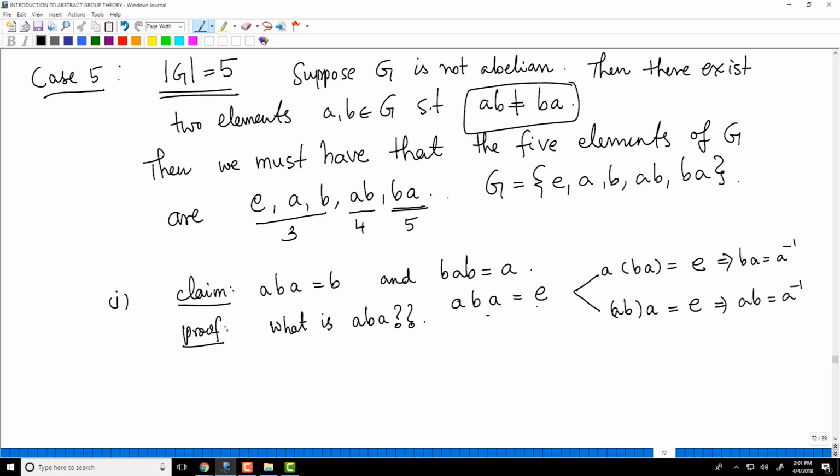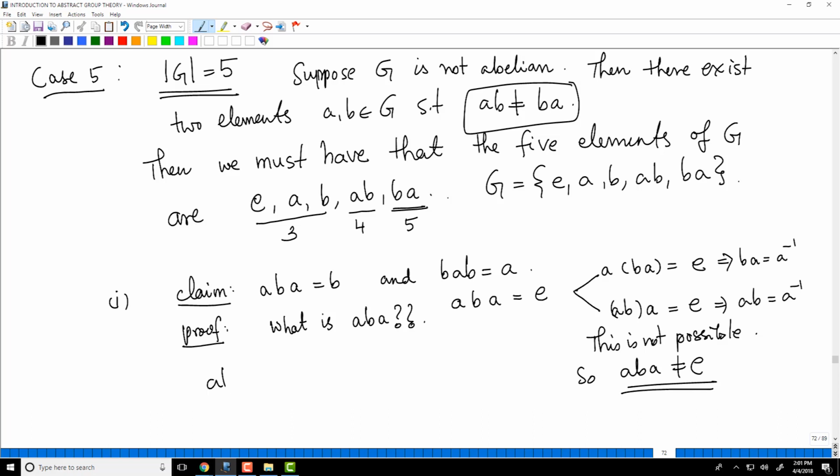So, this cannot happen. Can it be A? I am claiming it is B. So, let us say can it be A? So, this is not possible, correct, is it clear? AB and BA can't both be inverses of A. So, ABA is not E. So, that we have concluded.